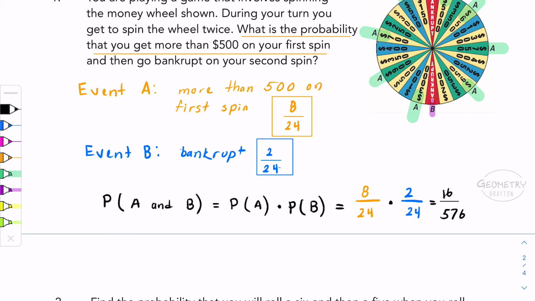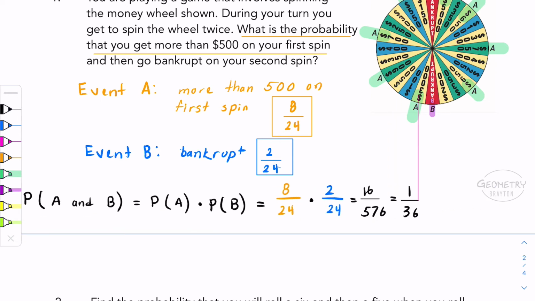As a fraction, this simplifies: 16 goes into itself once, and it goes into 576 36 times. If we divide this out, we end up with approximately 0.028, which would be a 2.8% chance that this could happen.